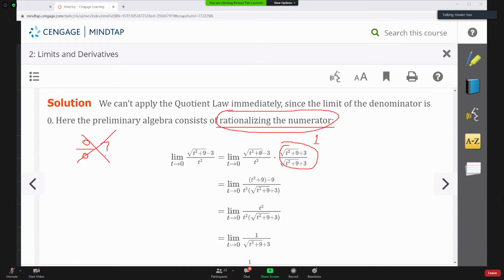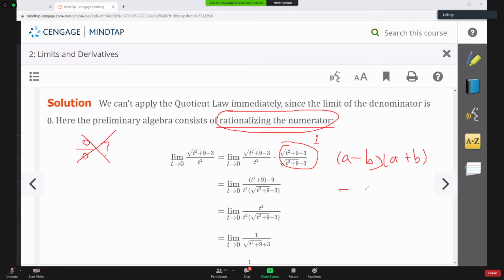It's fine. Why do I want to do that? Because you can see that the numerator is of the form (a minus b), and you can use the famous formula, (a minus b) times (a plus b), as Carson said just a few minutes ago.